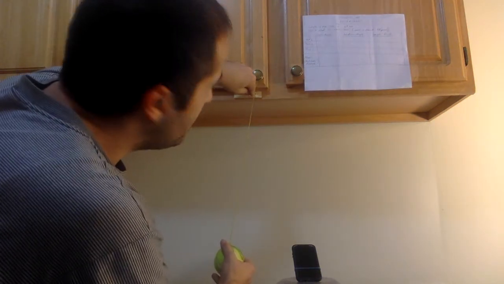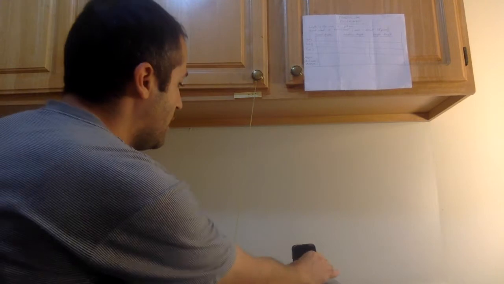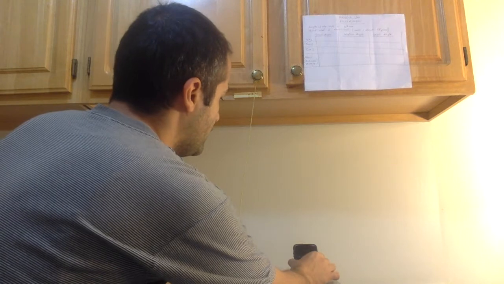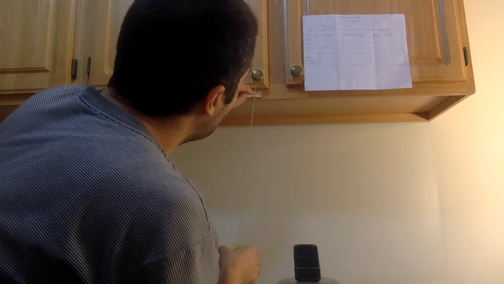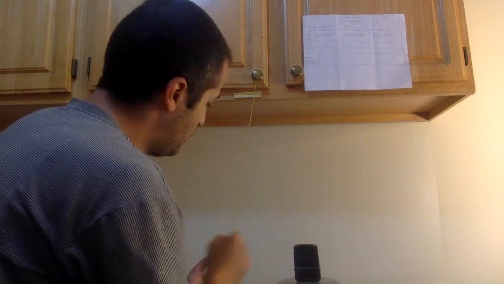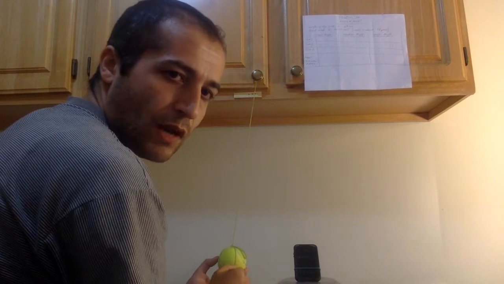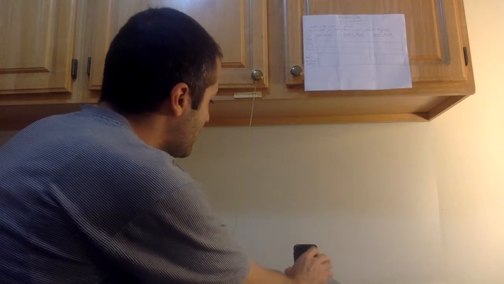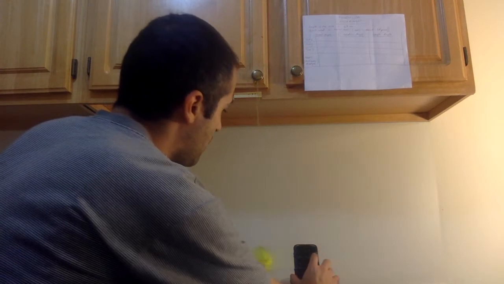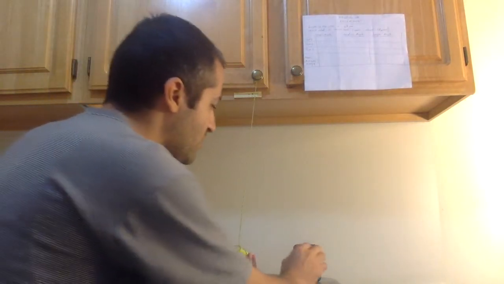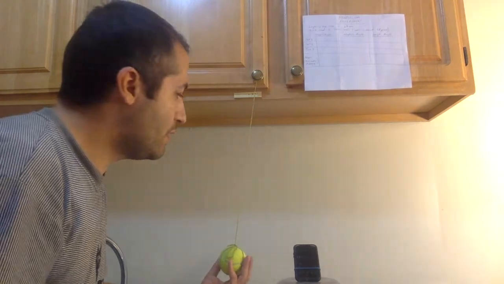Okay, let's start with angle 1. I'm going to use my stopwatch to measure the time. Once I release the ball, I'm going to start the stopwatch. But it's going to be really difficult for me to measure only one cycle, because if I release it like this and stop the time as soon as it went back to its original position, I do not have enough time to respond.